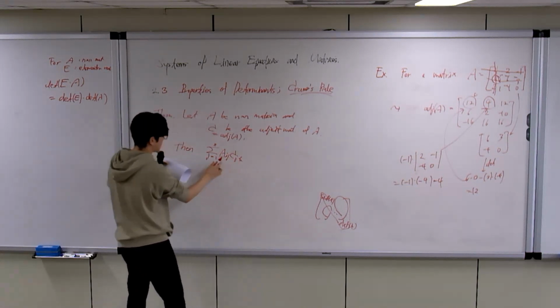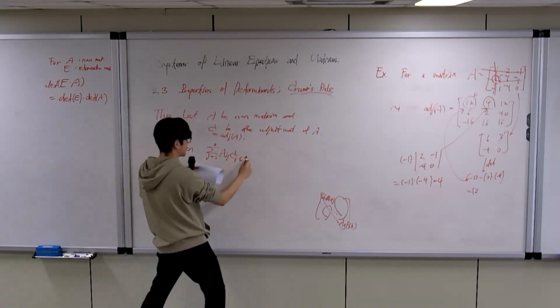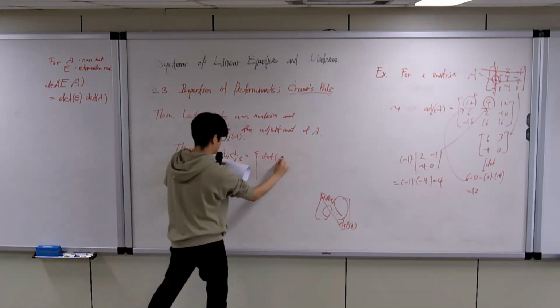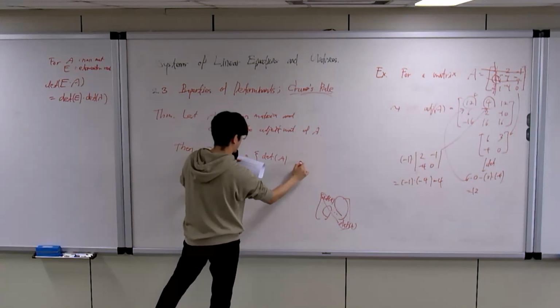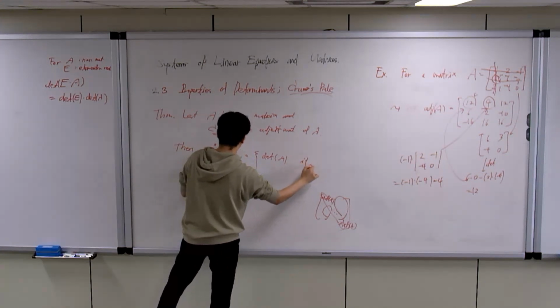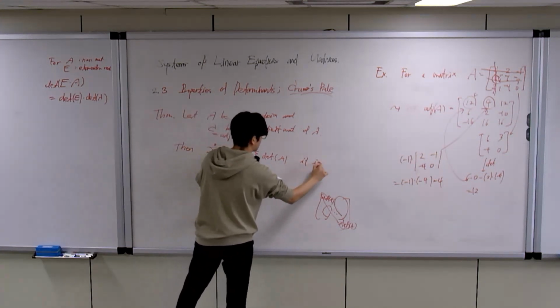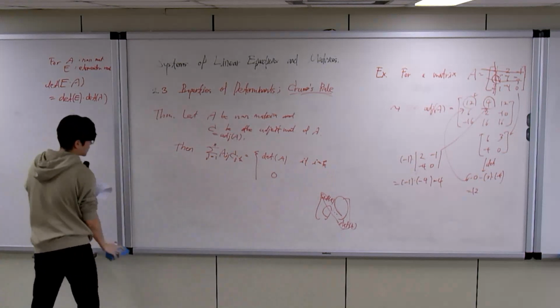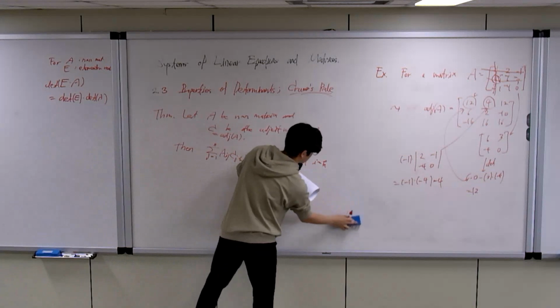It is the ith row, kth column entry. It is equal to determinant A when i equals k, and in the other case it will be 0.